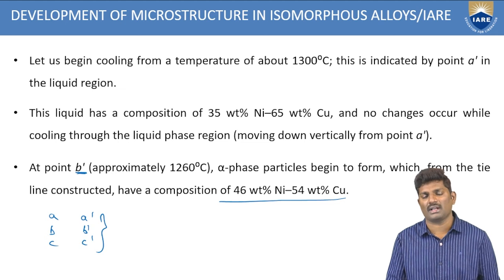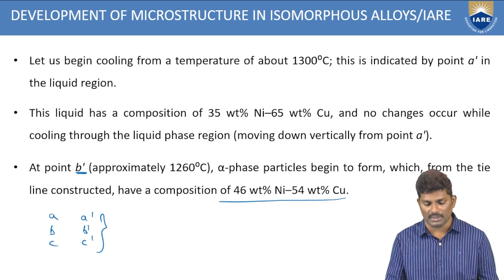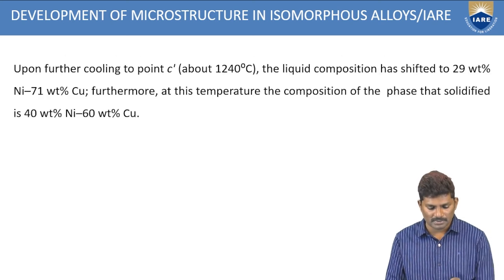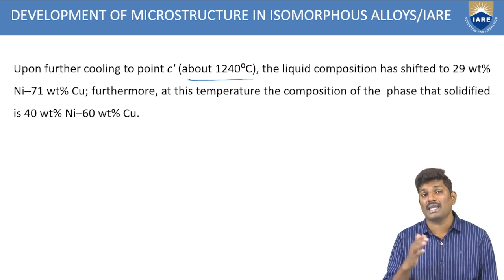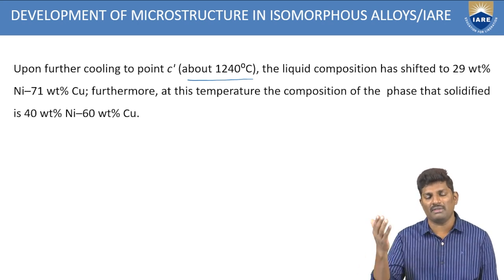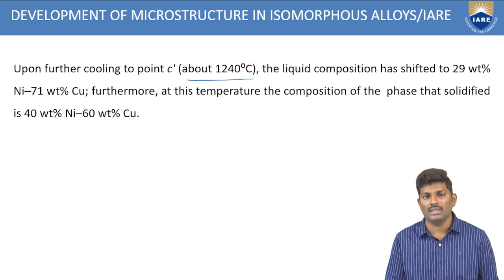So earlier we have taken 35 and 65. Now slowly after coming down, with the reduction in temperature, the compositions will also vary. At about 1240 degrees centigrade, there is a change in the composition. In the previous cases it was at 1260 degrees centigrade, but in this case at 1240 only we are getting the change in the composition.